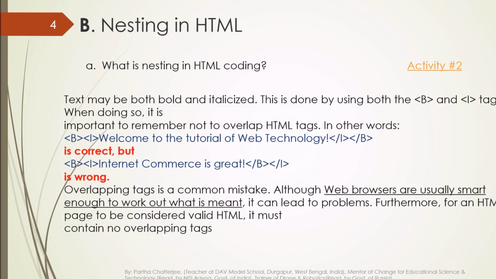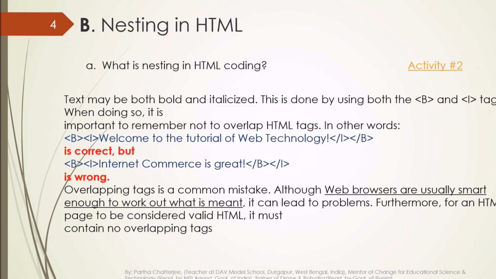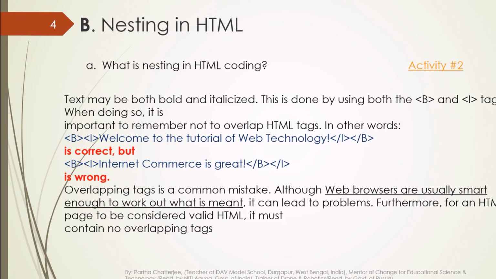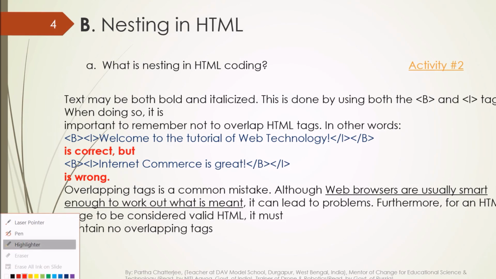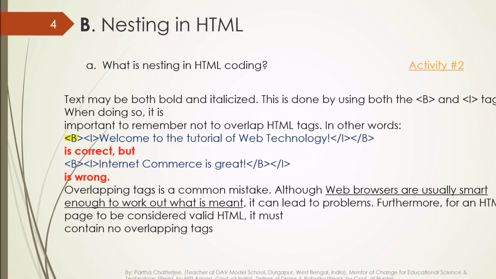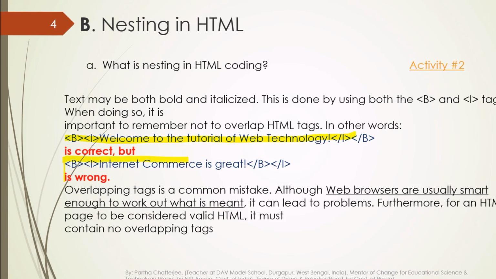So this discusses here that text may be both bold and italicized. This is important to remember: do not overlap HTML tags in other words like BI. Welcome to the tutorial of web technology, and IB is the correct format for HTML. But if you use this concept, then it is 100% wrong.